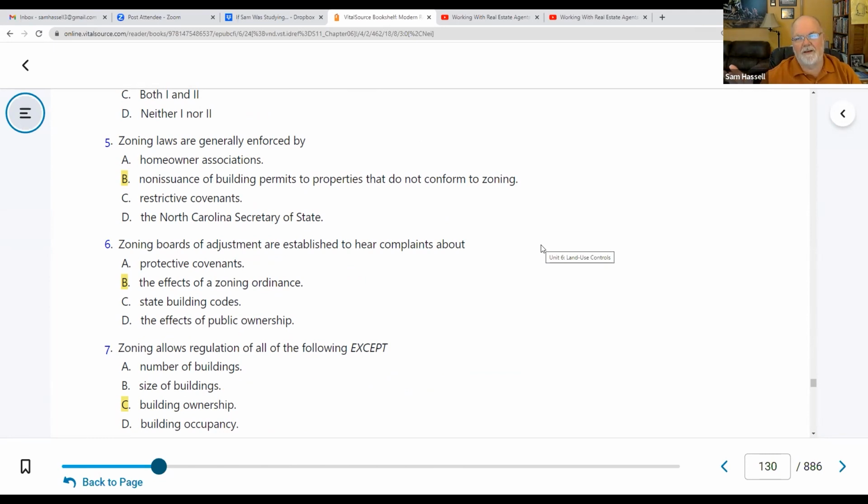If we are in a residential zone that wants 20,000 square feet of property, which is roughly half a builder's acre, and that's the zoning, and we try to put a house on 10,000 square feet, are they going to give me a building permit? No, they're going to tell me, no, you can't build there. Okay, so that's how they do it. They're not going to give me a building permit. That's how they're going to control it.